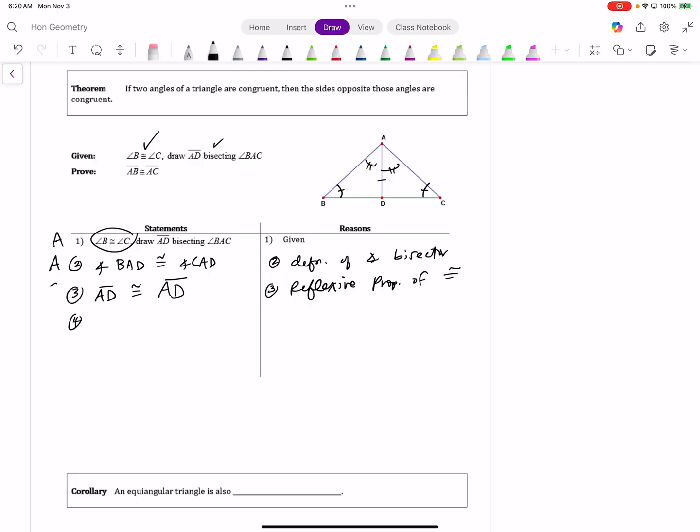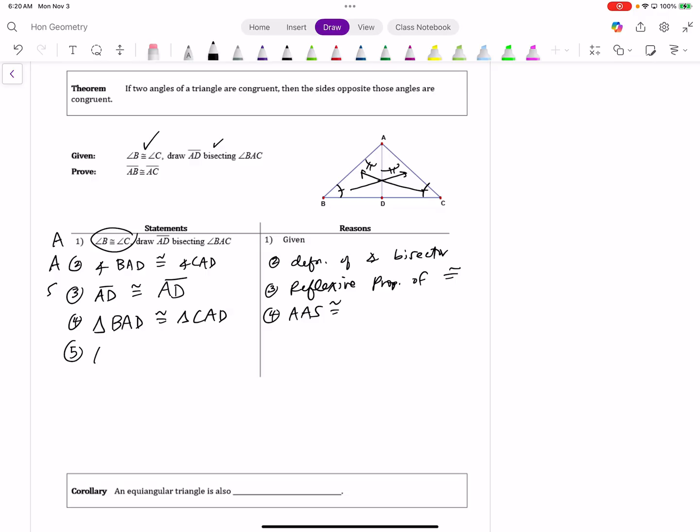Okay, there's our side. Now we can say that triangle BAD is congruent to triangle CAD because of angle-side congruency. And what we're trying to prove, the sides opposite those angles. So this side and this side.